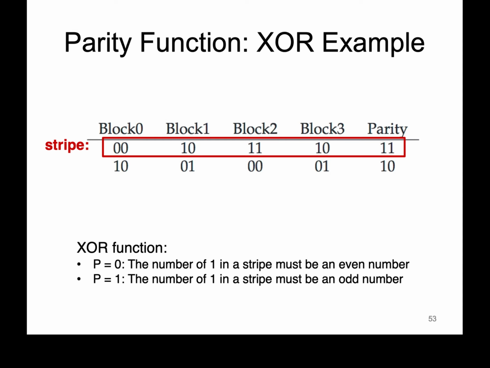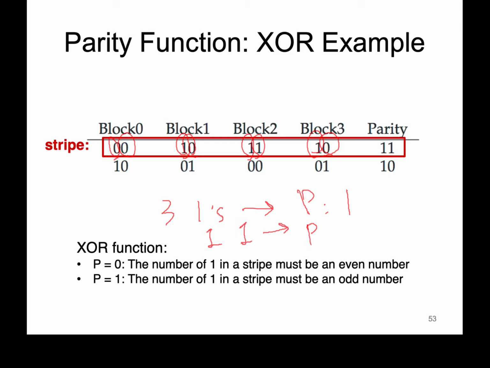If you take a look at the high bits, the first bit, for this particular example it has a total number of 3 ones. So that gives you the parity of 1. And then if you take a look at the low bits, 0, 0, 1, 0, it has only one single 1.